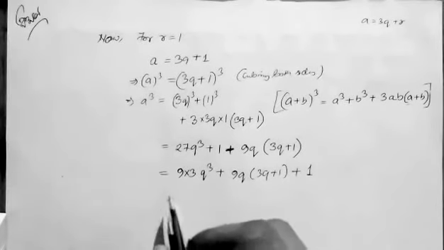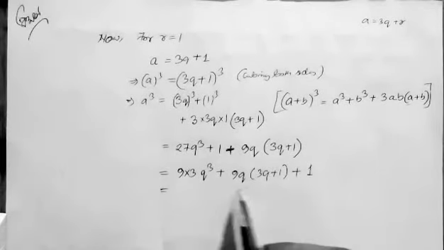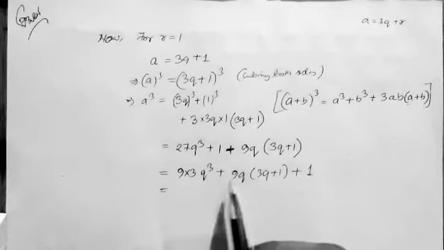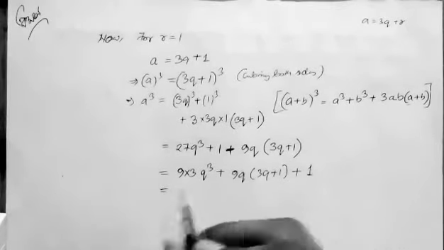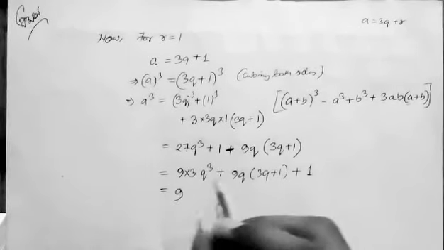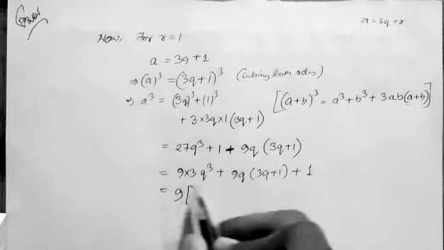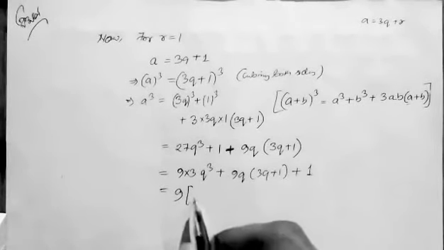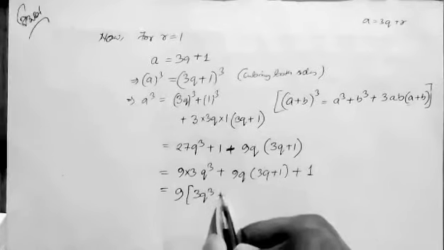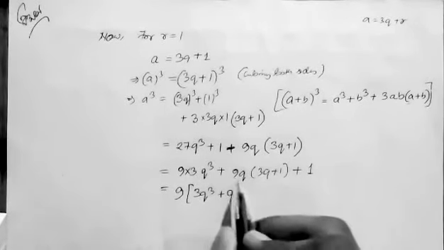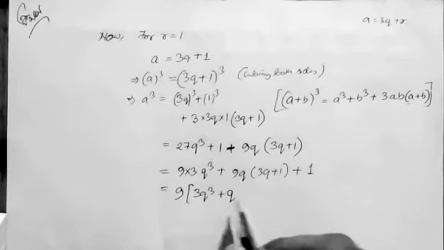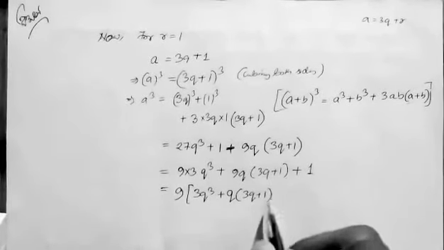So I guess you can take common 9q, right? Better you take common 9 from both the terms. If you take common 9, what will you be left with? So 3q cube, plus, and here you are left with q square into 3q plus 1.